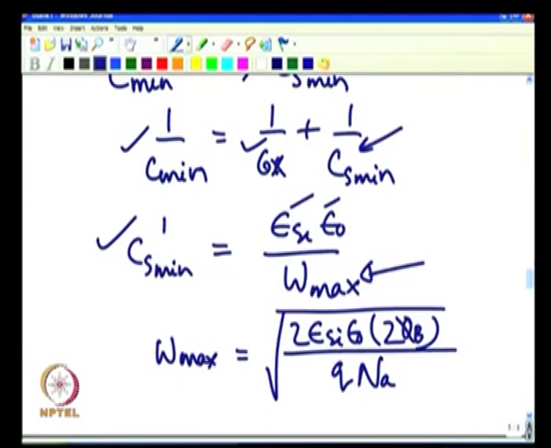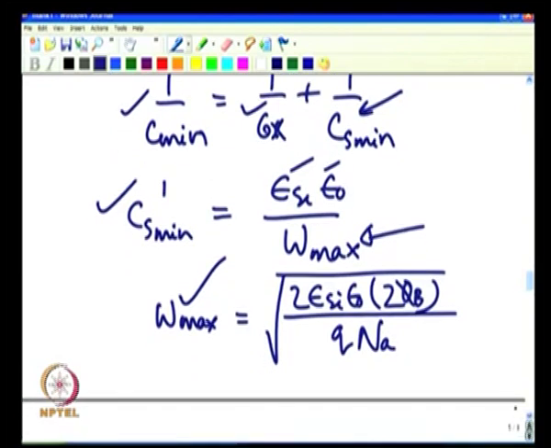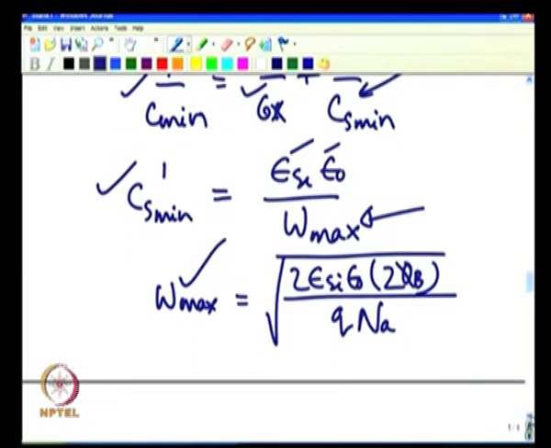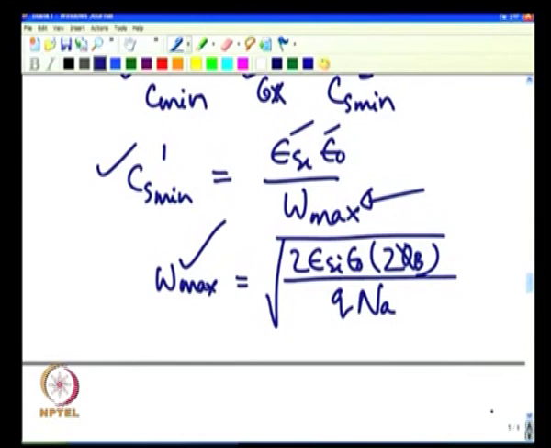However, phi b is also dependent on doping concentration, because phi b is kT over Q ln Na over Ni, but you can solve this equation iteratively, and you can extract the Na value. And this we are doing assuming that the doping concentration is uniform.